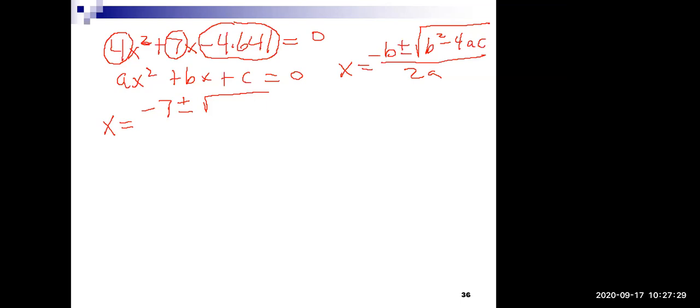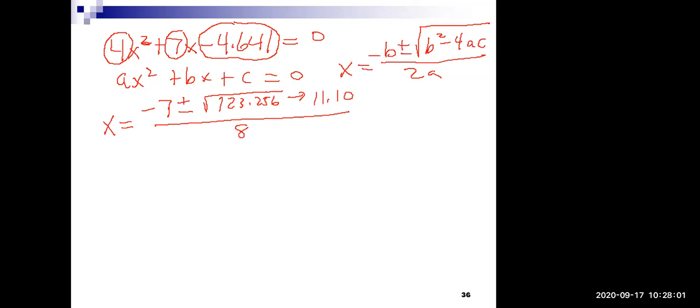And that gives you about 123.256 if you clean up the inside. If you take the square root of that, it gives you something like 11.10. That's going to be divided by 2 times a. So a is 4, and 2 times 4 is 8.